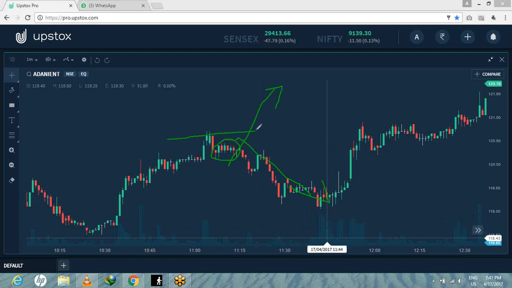You could have entered it here, any place, here or here. Since it is at resistance level for that time, it can give you a profit of around 2 rupees or 3 rupees.